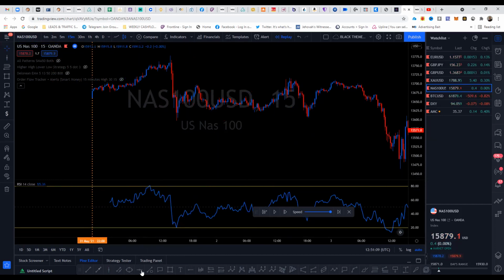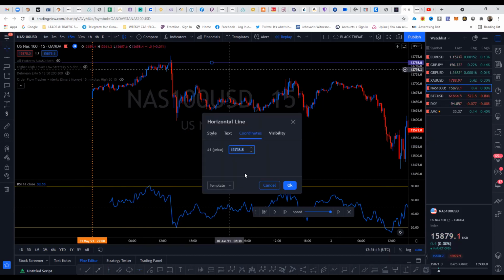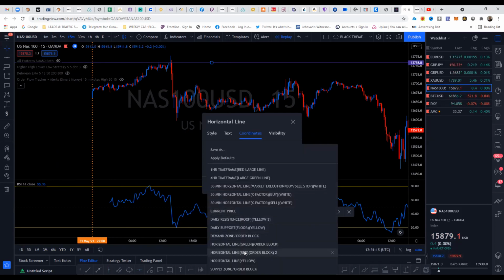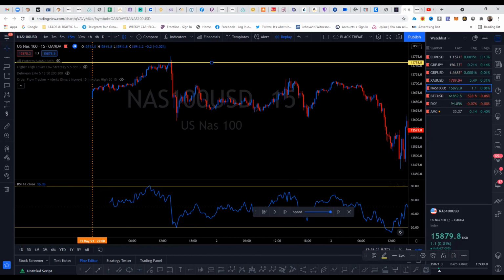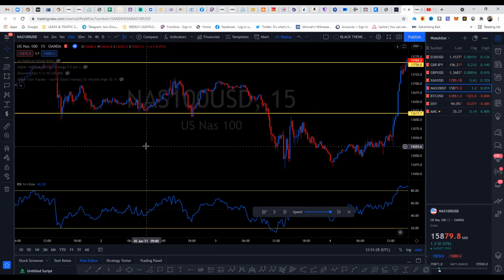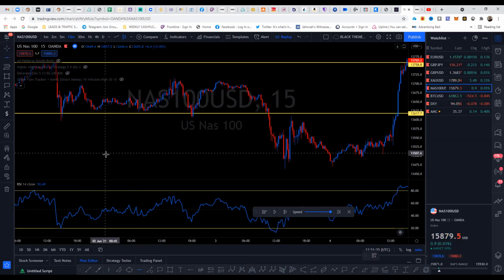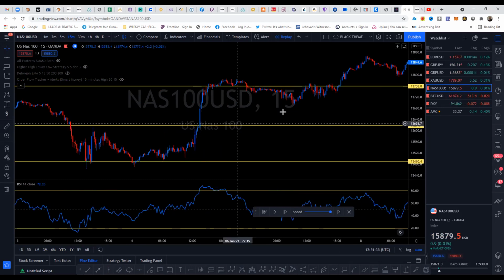what I did was I basically marked up market structure. All right, so we're going to make this yellow. There's all the necessary key areas. Key areas like this.